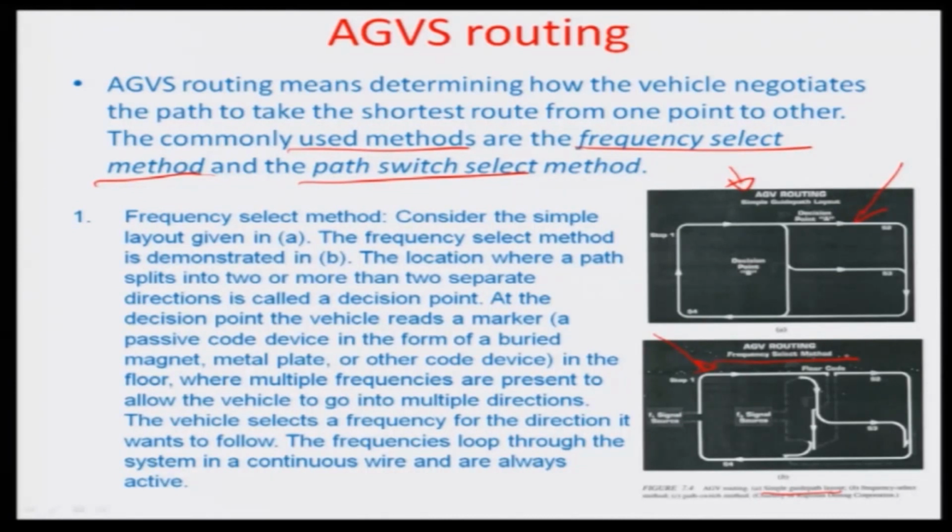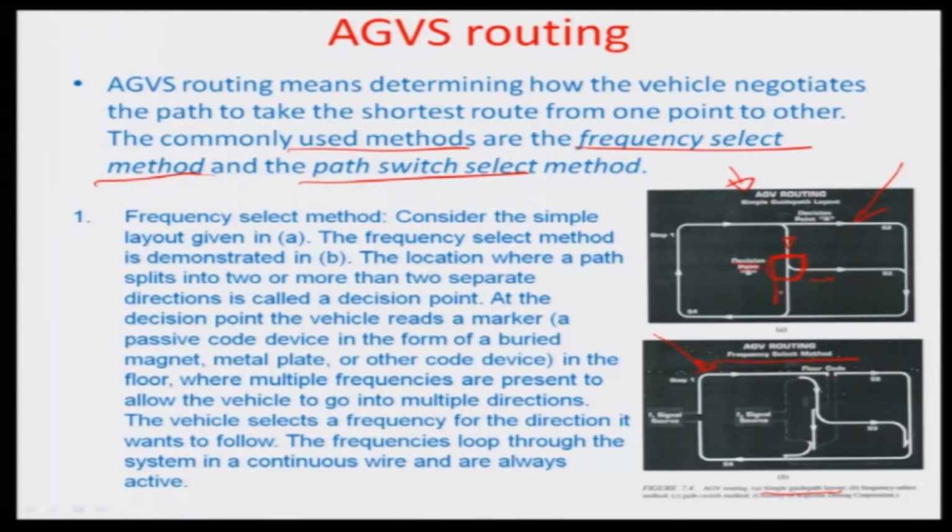Obviously the AGVS has to perform decision making whenever there is a turn that it needs to execute. If an AGVS vehicle is moving all the way to this junction, at this junction it has to decide whether to take left or go forward in this particular direction. So how do we do that?